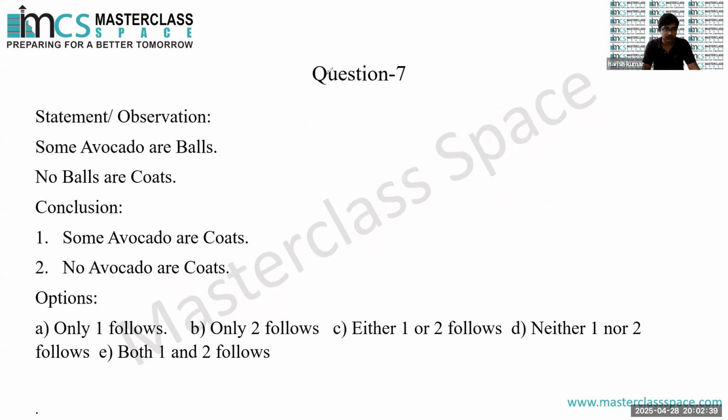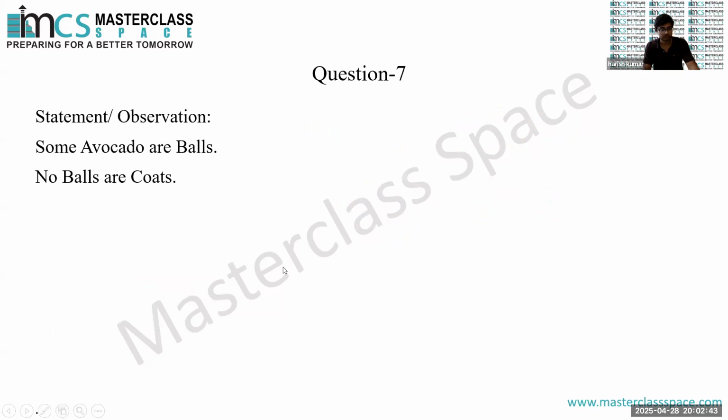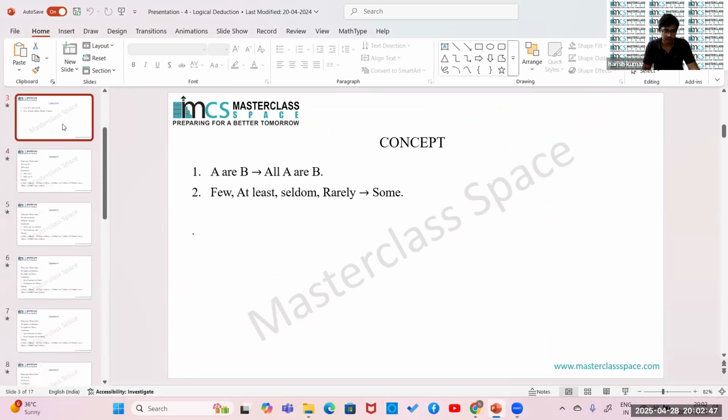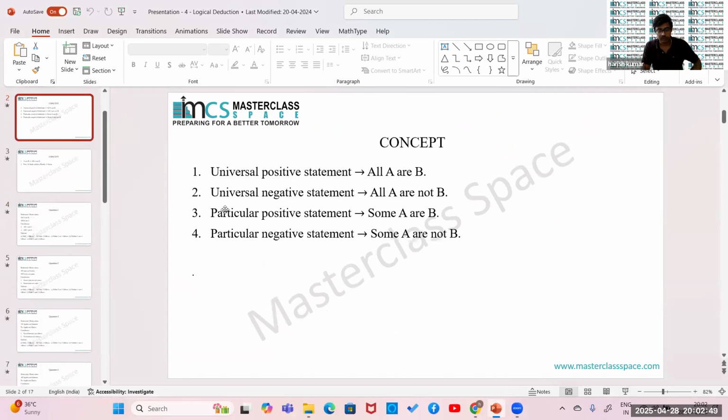Let's go back to the statements. What is the statement? All A are not B. Now what does that mean? There is no connection between A and B. Right?